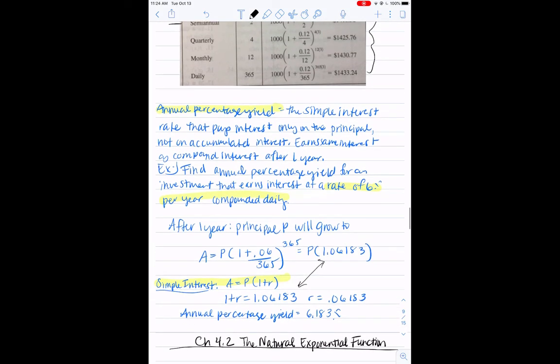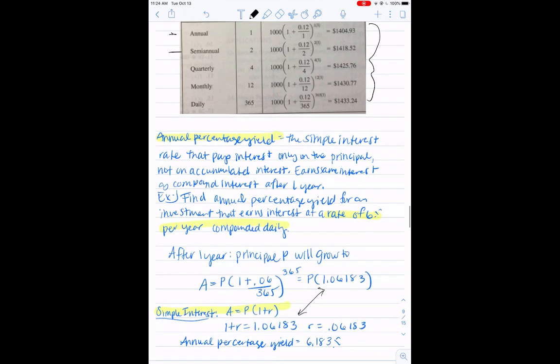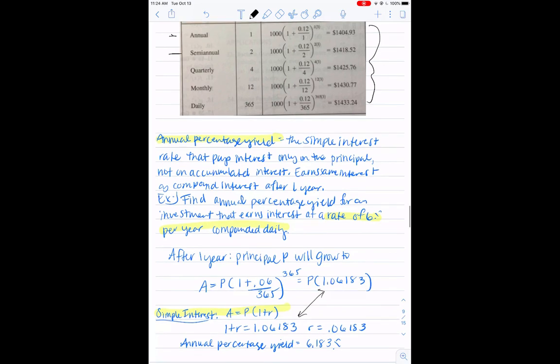And that's basically what our simple interest is going to be. So we're going to earn the same interest as compound interest after a year when we are doing 6.183% interest. Okay, and so it's basically taking out the compounded daily part. It would be like saying if we had our principal, at the end of the year we just multiplied by 6.183%.